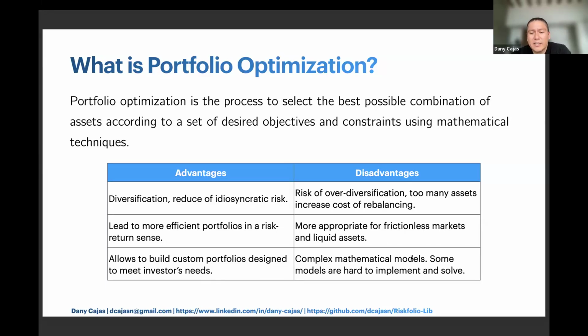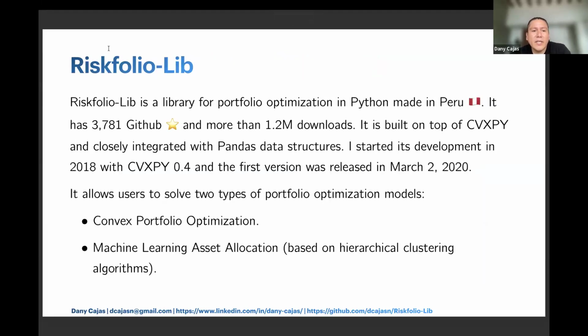Another disadvantage is that portfolio optimization models are complex mathematical models, hard to implement and also hard to solve. This is difficult also because it's difficult to explain portfolio optimization models to senior management, because most of them don't know too much about mathematics.